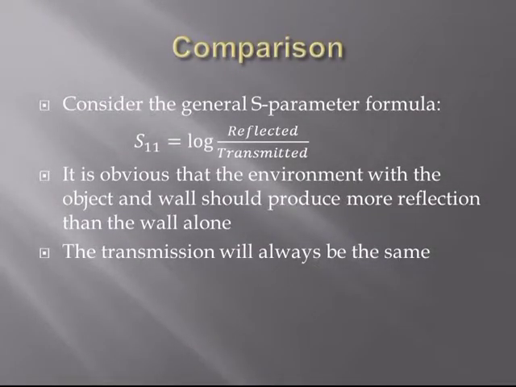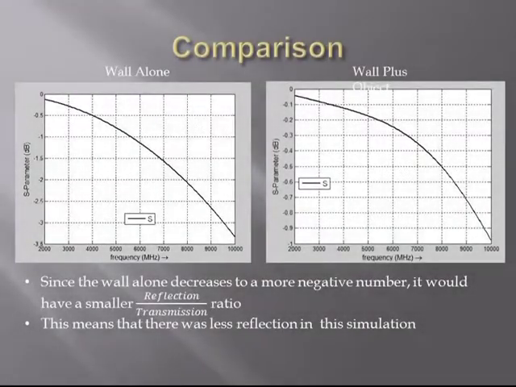The formula for the S parameter is as follows: S subscript 11 equals log of the reflected value divided by the transmitted value. When there is an object behind the wall, there should be more reflected signals than just the wall, and the transmission we keep constant, which allows us to differentiate between the two signals.